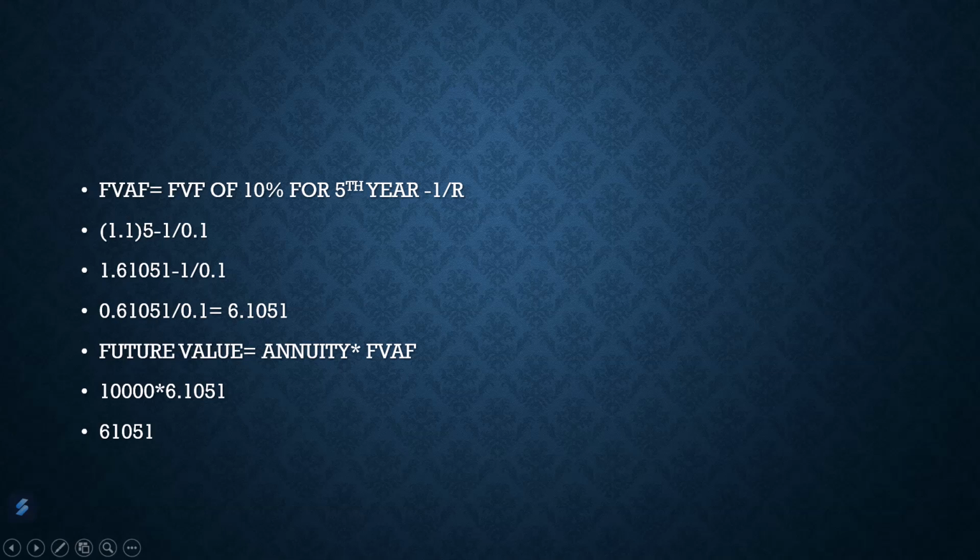Now this is our future value annuity factor. This should be used for finding the future value of annuity regular. What is our annuity amount? Our annuity amount is 10,000 rupees. So 10,000 rupees into 6.1051 will be 61,051 rupees.